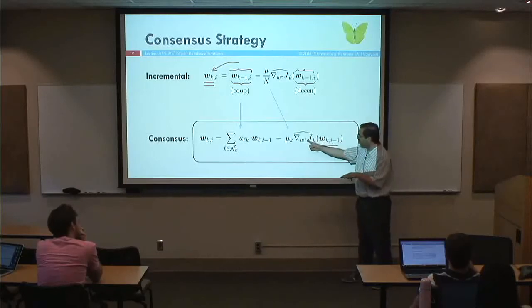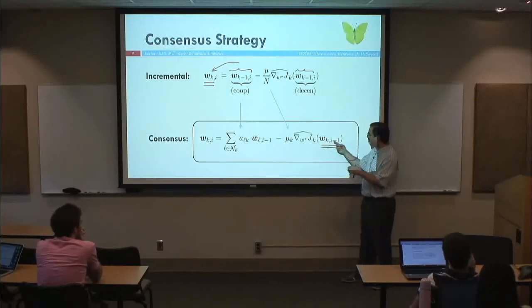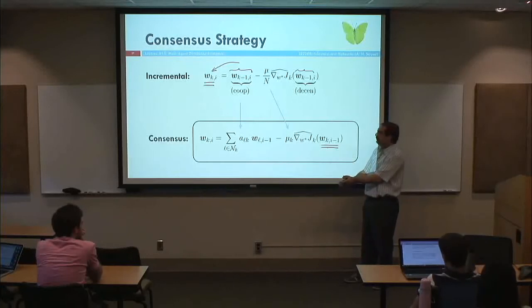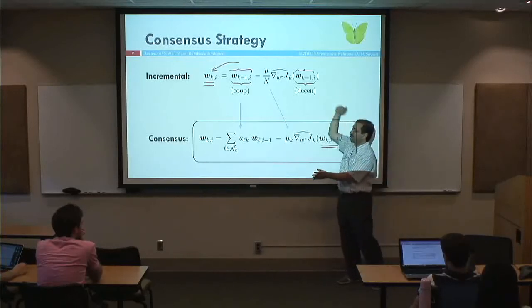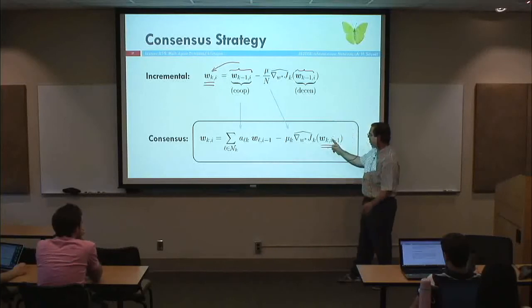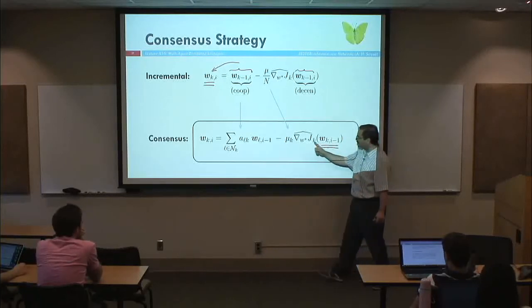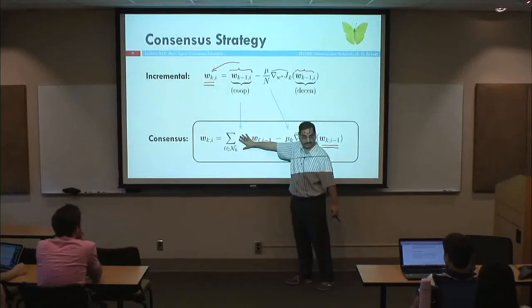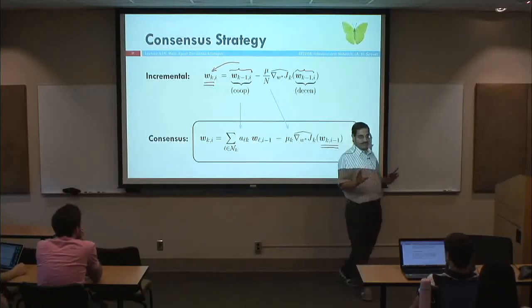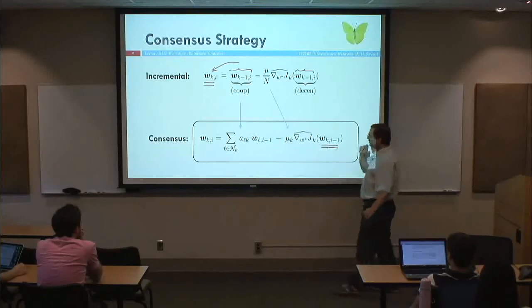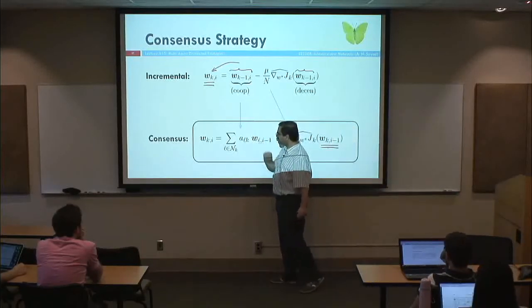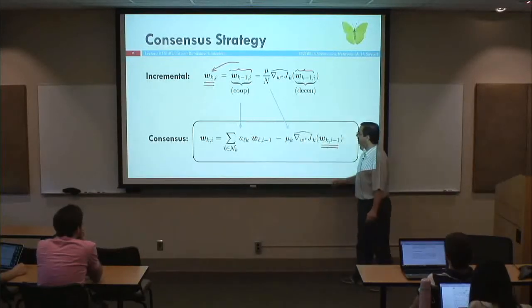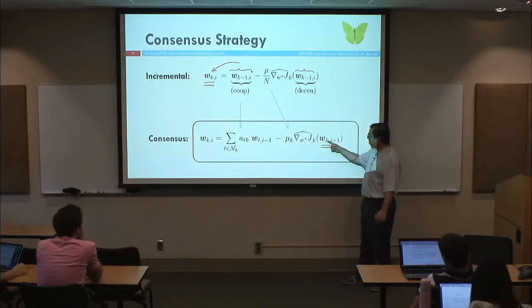So I'm going to evaluate the gradient vector at what I think is the best estimate at this point in time, before I waited for the other person to tell me what it is. Okay, so this is my estimate, and then I'm going to look at the estimates across my neighbors and use that as a starting point. Okay, this is what consensus does. That's it. It uses a more enhanced cooperative term, and it moves along the direction of the gradient vector evaluated at where I am now.